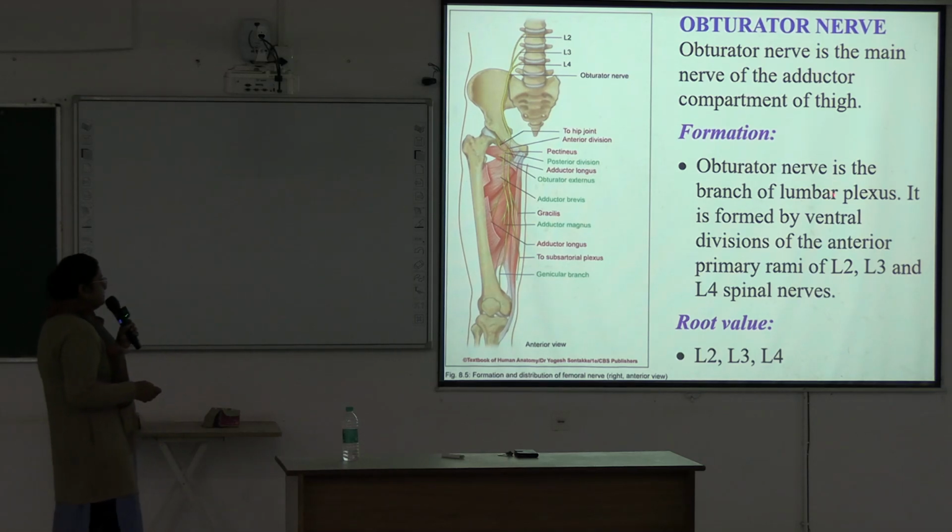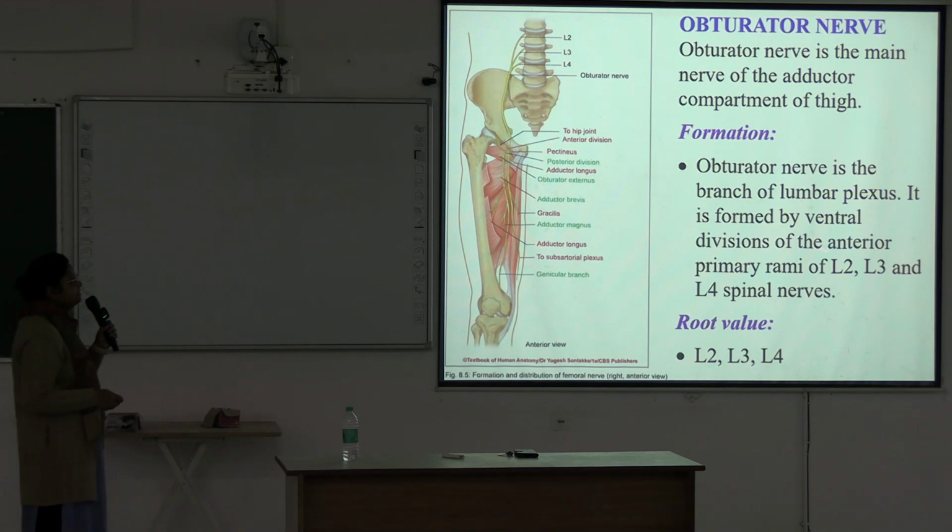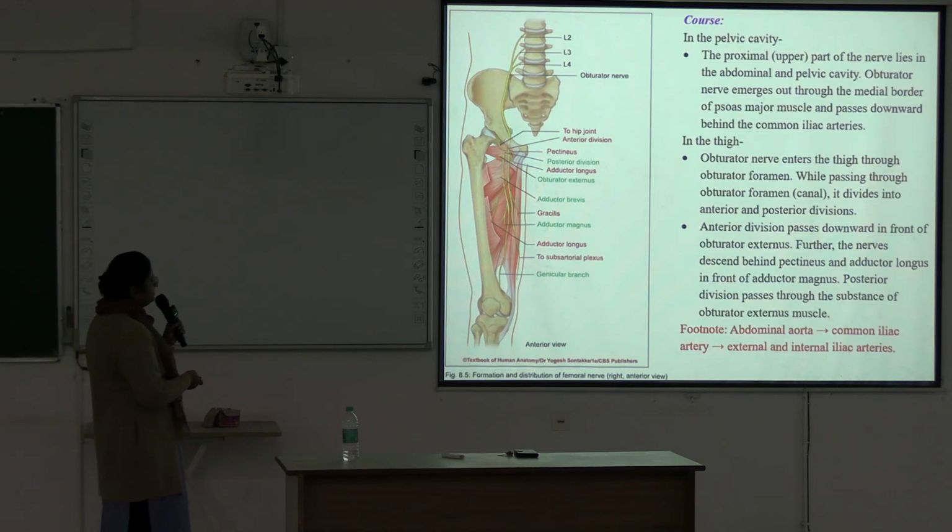So the obturator nerve is a branch of the lumbar plexus formed by the ventral divisions of the anterior primary rami of L2, L3, L4 spinal nerves. Here is the obturator nerve, dividing into anterior and posterior divisions.